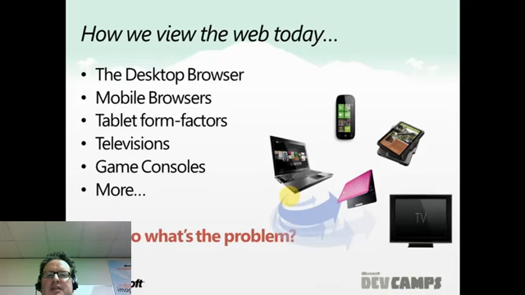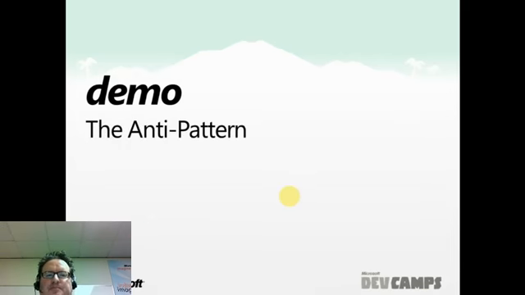But then we're also seeing people looking at televisions and game consoles, and all of these things are connected. But maybe we're not necessarily looking at pages the same way we did back in the internet TV days, where we assumed that someone would just bring up a page on your television and read things from there. So it's kind of cool that we have this ability, but what's the problem?